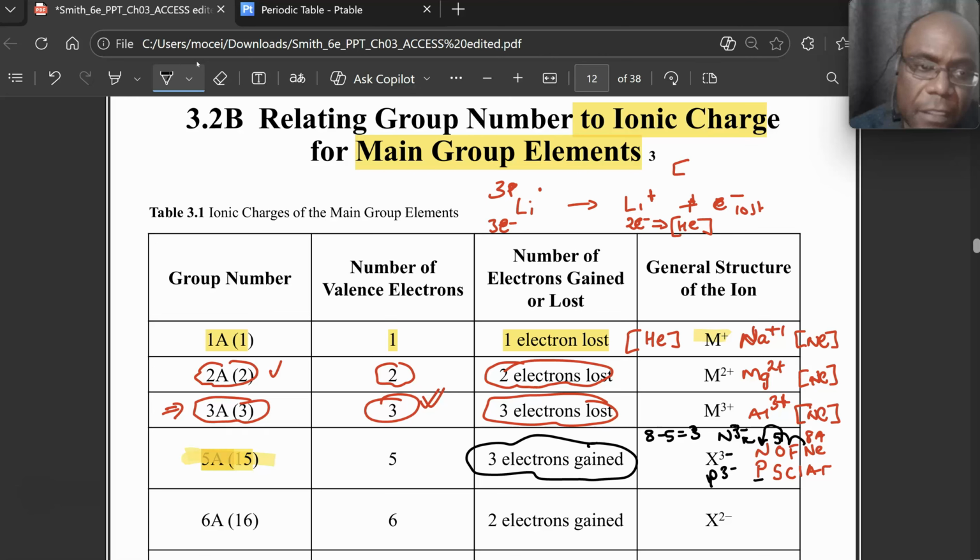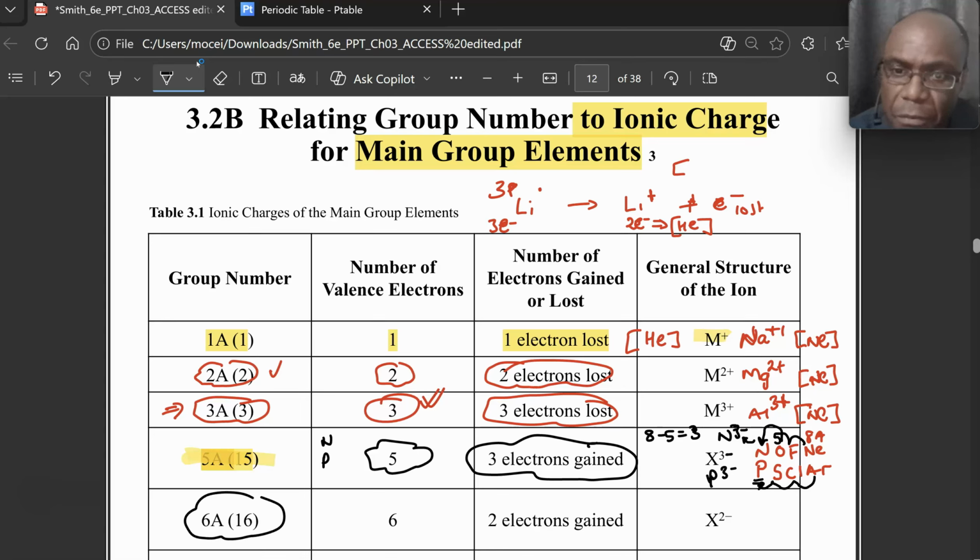And 3 electrons must be gained for phosphorus to be as stable as argon. So it's 3 minus, and that's what happens with elements with the valency of 5, which includes nitrogen and phosphorus.